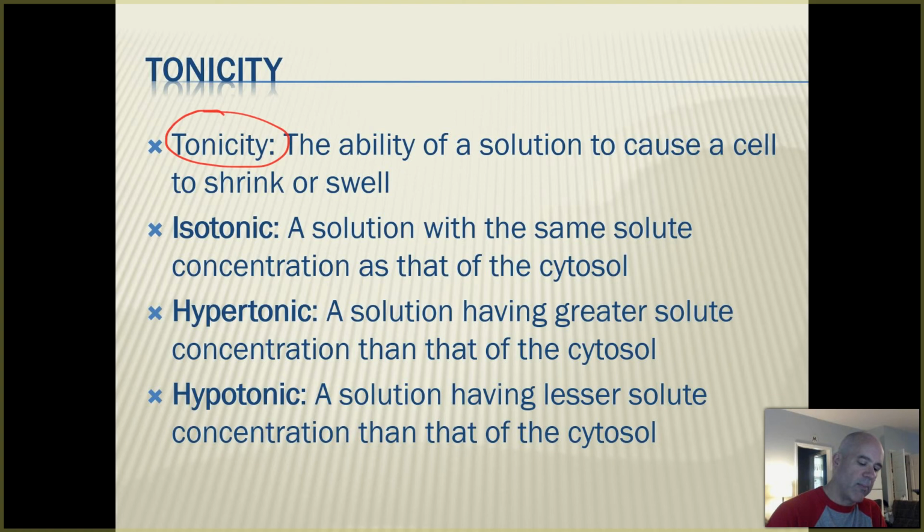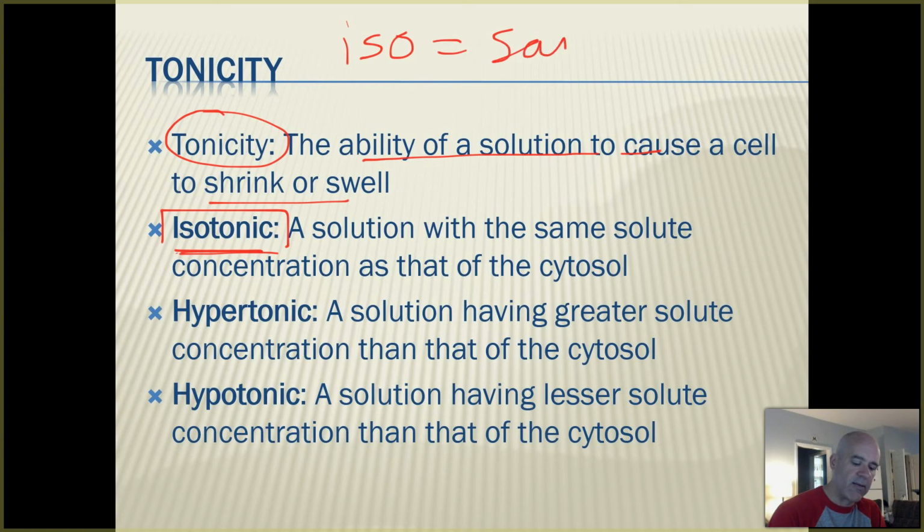Tonicity is the ability of a solution to cause a cell to shrink by losing water or to swell by taking up water. So if you have a cell sitting in a solution in which the solutes are equally concentrated inside and outside of the cell, that solution is said to be isotonic.